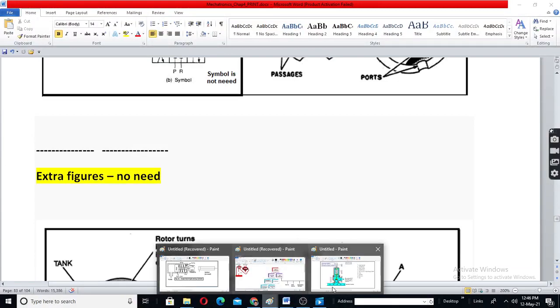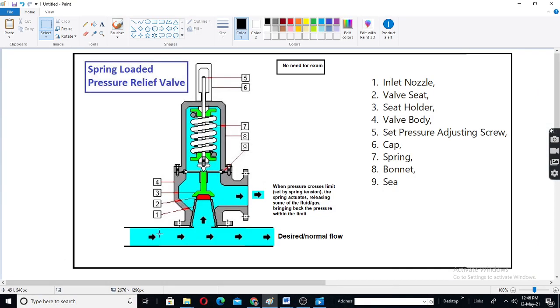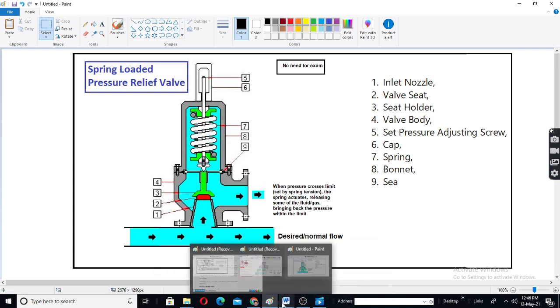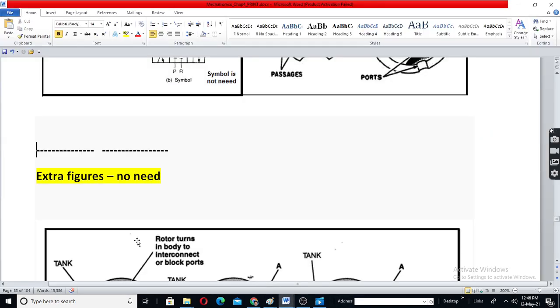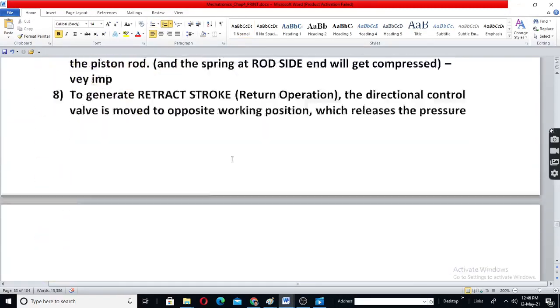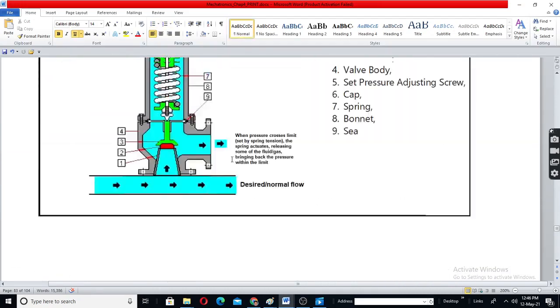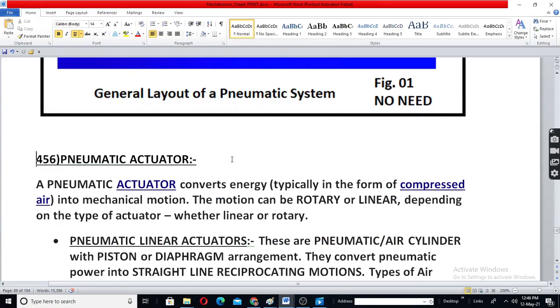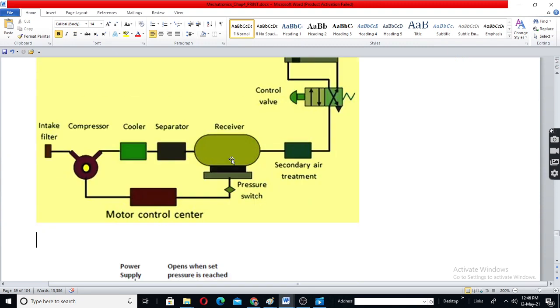Excess fluid or gas will be moved back to the atmosphere if it is air, or it may go to the compressor once again. That is what is shown here. If it is more than the set value, it will go to the compressor.